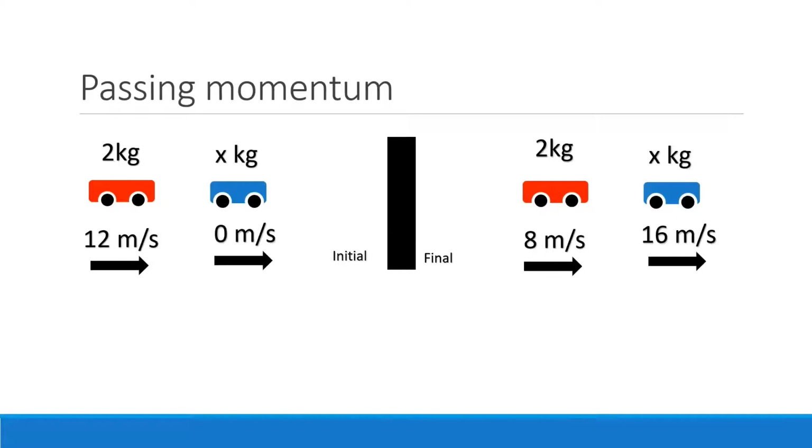You think of bowling, you've got a heavy bowling ball that's hitting a light pin. That pin kind of goes flying because it's so light. If it was a heavy pin, it probably wouldn't go nearly as quickly. So it actually makes sense that this blue cart is going to be lighter.